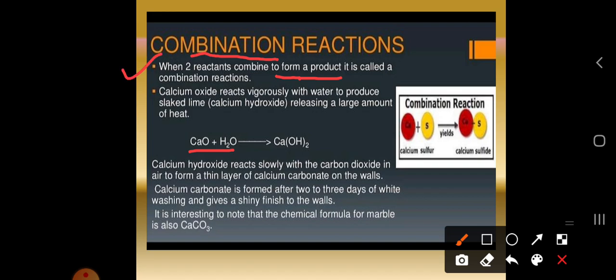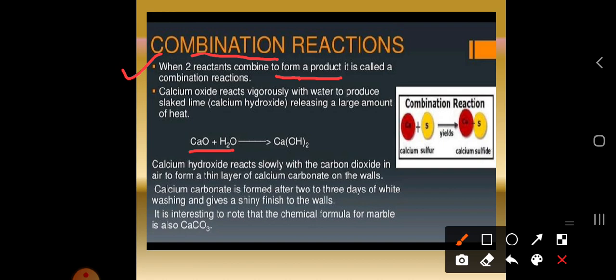Sometimes a direct question can appear in the examination for 1 mark, that is, what is a combination reaction, explain with examples. In this situation you have to write that when two reactants combine to form a product, it is called a combination reaction.